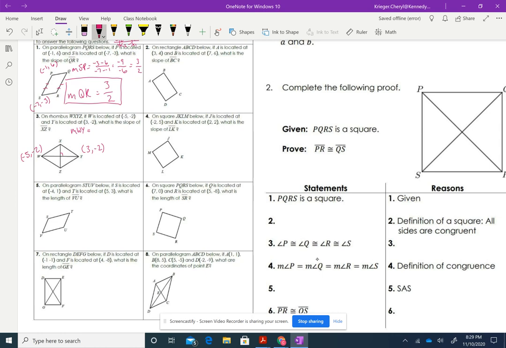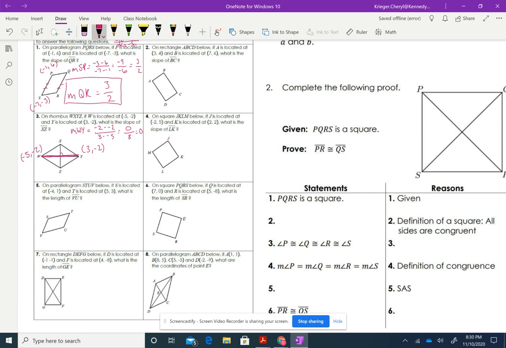So same thing, slope formula would be -2 minus -2 over 3 minus -5. 0 over 8 is 0. Okay, so what's the negative reciprocal of 0? Well, you can either think of this as a slope of 0, right, is a line going horizontally.